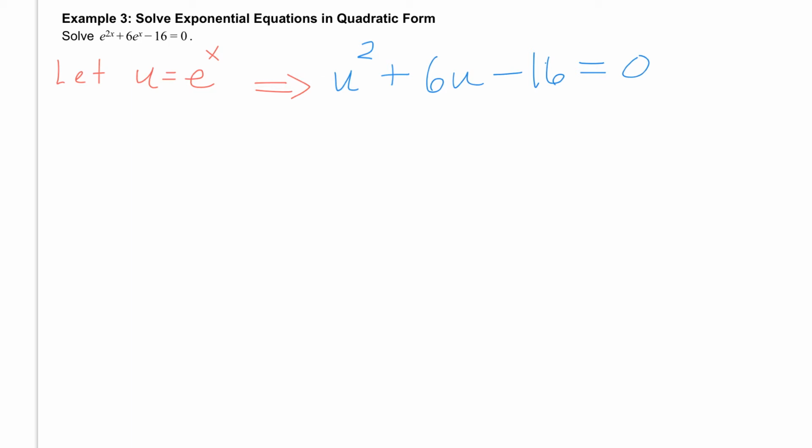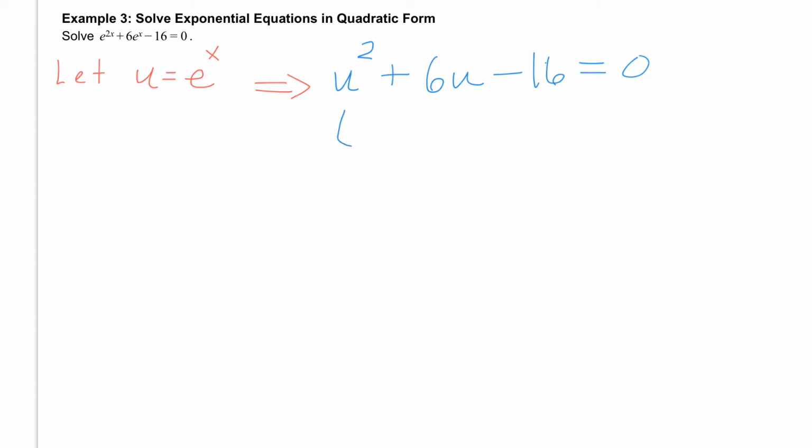So what we've done is we've created a quadratic that we can solve, and we've learned how to do that. We can solve that using the factoring method, or you can solve using the quadratic formula. As I showed you before, factoring, if it's possible, is usually a lot faster than the quadratic formula, but it's your choice.